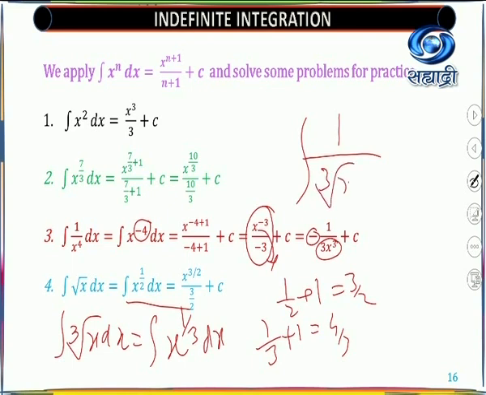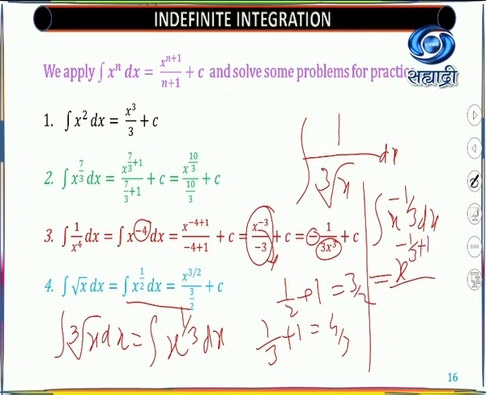If it is in the denominator, integration of 1 upon the cube root of x, suppose I take the same example, it will give you x raised to minus 1 upon 3 dx. Again we use the same formula: x raised to minus 1 upon 3 plus 1, upon minus 1 upon 3 plus 1, and constant of integration. Don't forget to write the constant of integration.